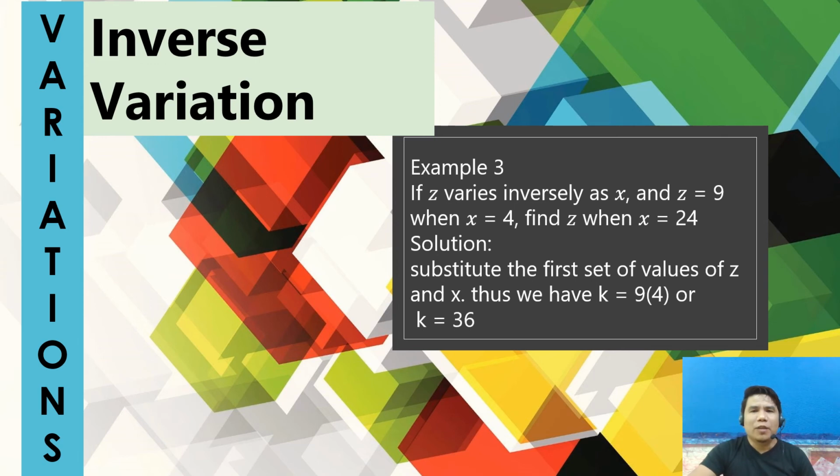Now, if you substitute the first set of values of z and x, you could have your k as equal to 9 times 4, or k is equal to 36. Since your z is 9, your x is 4. Again, your constant of variation is 36.